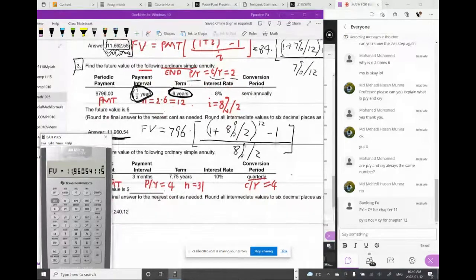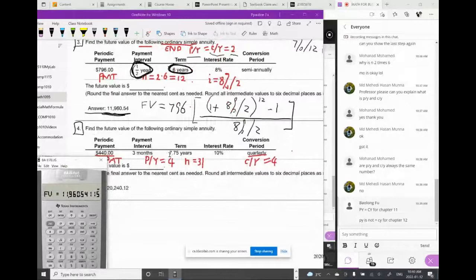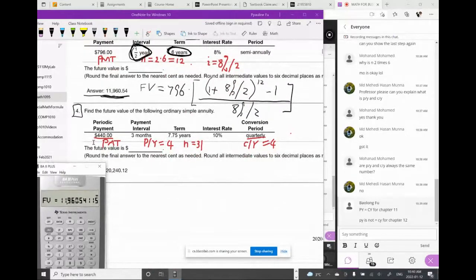Last question. Those questions were similar to the quiz. Maybe it is the quiz question, just change the number. Question 4: find the future value of the following ordinary simple annuities. Periodic payment is 440, that is PMT. You make payment every 3 months.